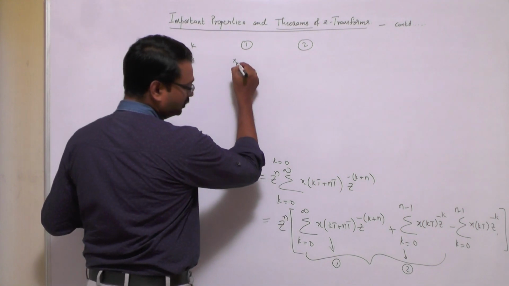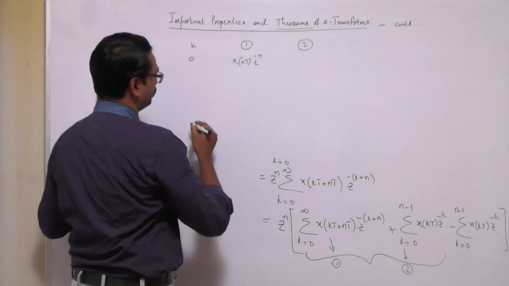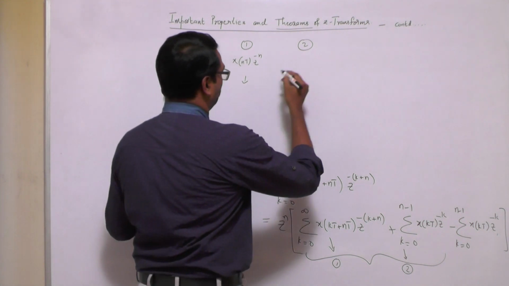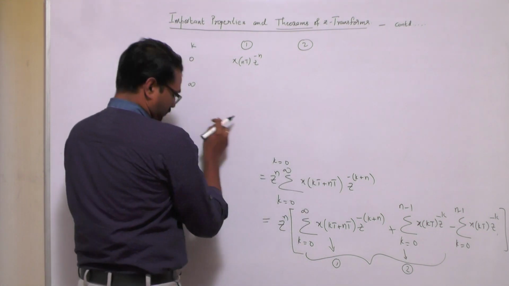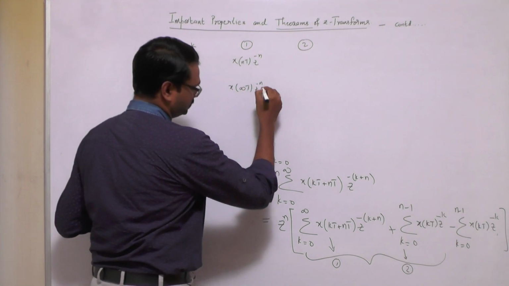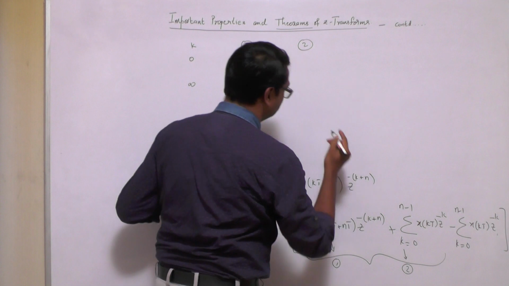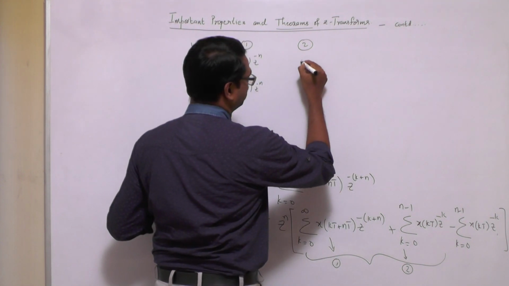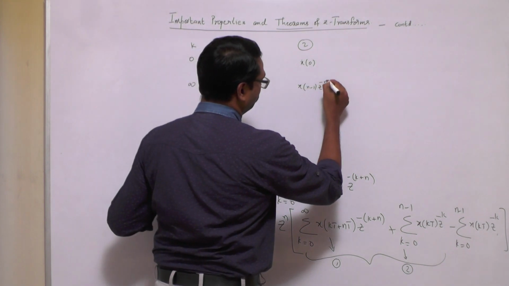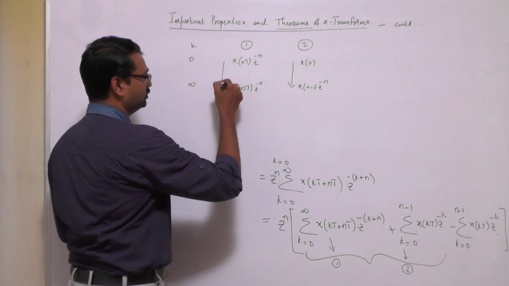You will have x of nt z power minus n, and up to infinity you will have this term, that is x of infinite t z power minus n. Then for the other factor, when k is 0, you have x of 0, and as this is going, x of n minus 1 z power minus n.